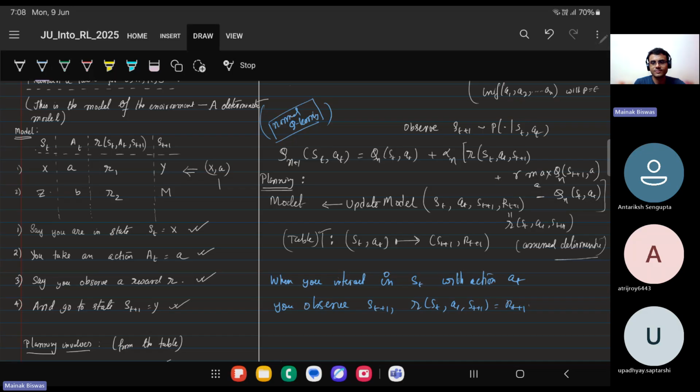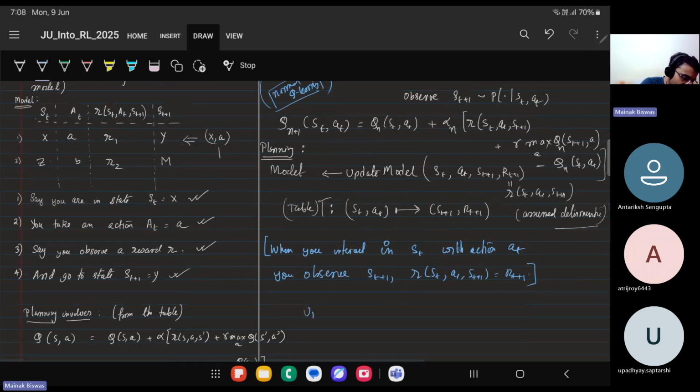This is what happens. This is clear. So I say that we update a table such that T of ST comma AT will return ST plus 1 and RT plus 1. Is that fine?